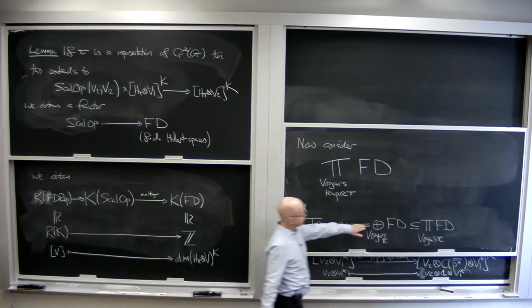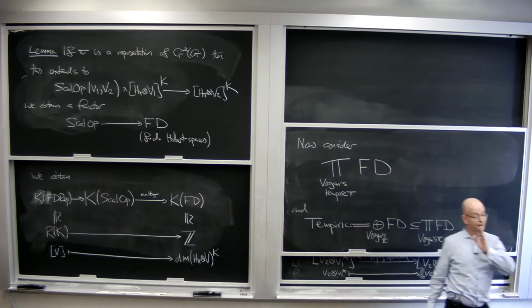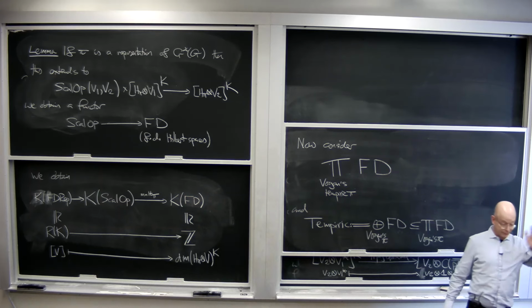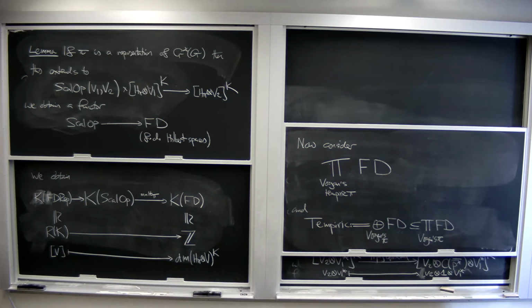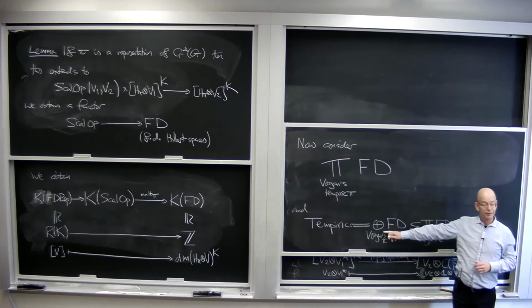So an object in either one of these categories is just a bunch of finite dimensional vector spaces, one for each temperic representation, an infinite list of finite dimensional vector spaces, one for each temperic representation. That's what an object here is as well.